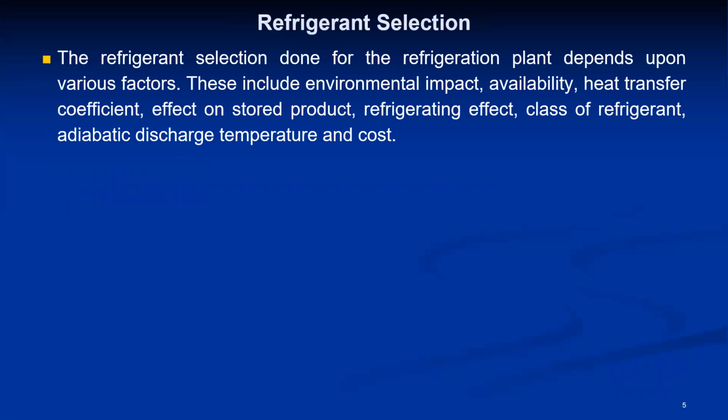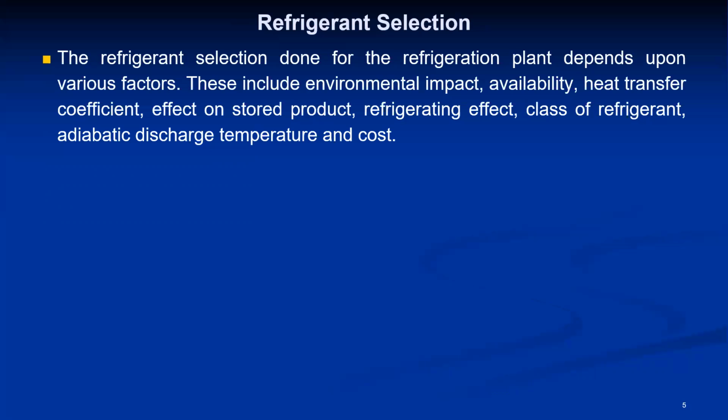So refrigerant selection for the refrigeration plant depends on various factors. There are various factors associated with refrigerant selection. This includes environmental impact, meaning the refrigerant must be environment friendly as per the Montreal protocol and environment policies. We have to follow that policy.